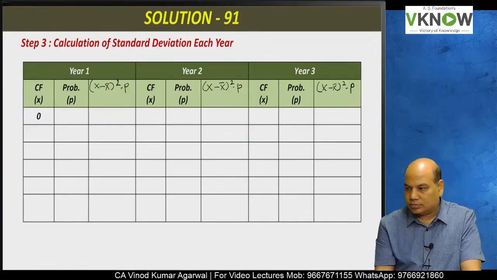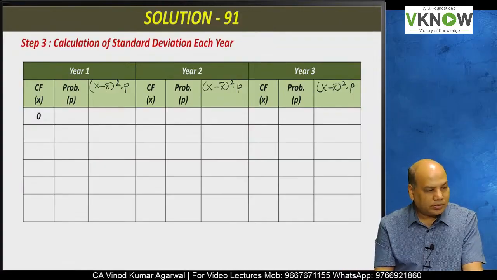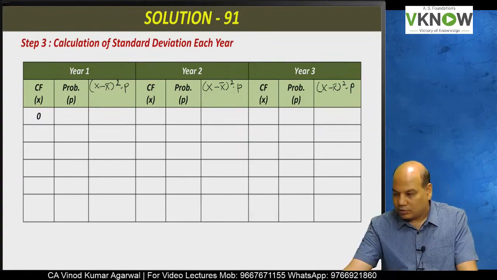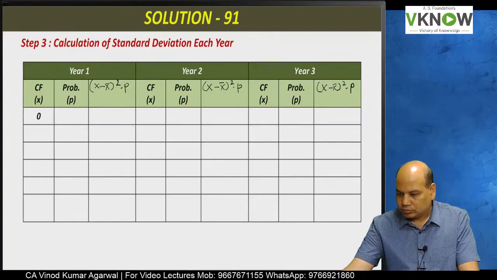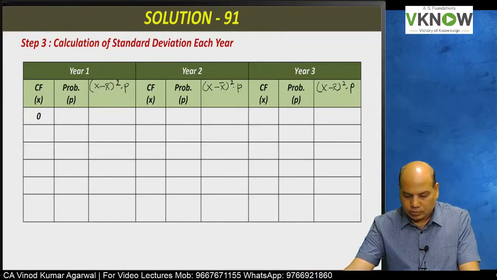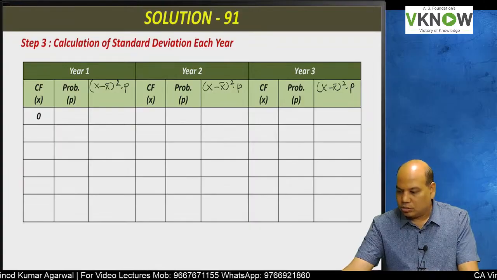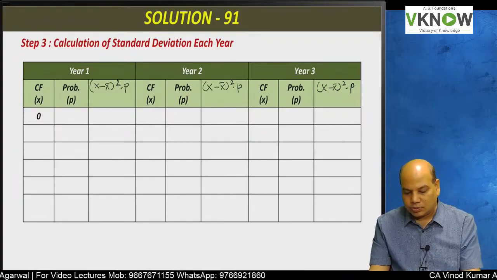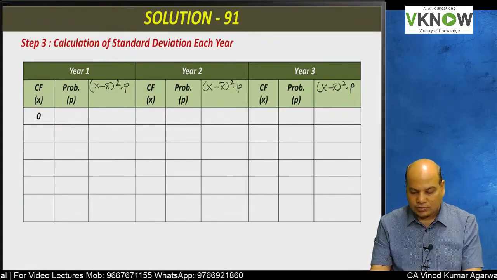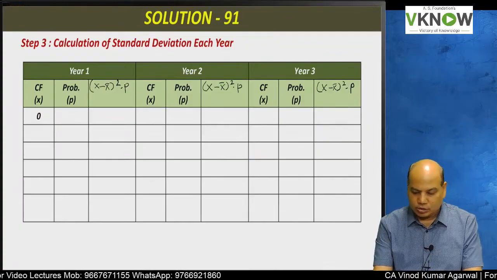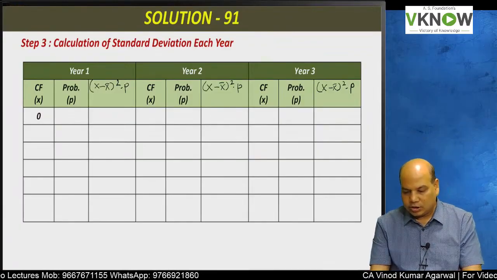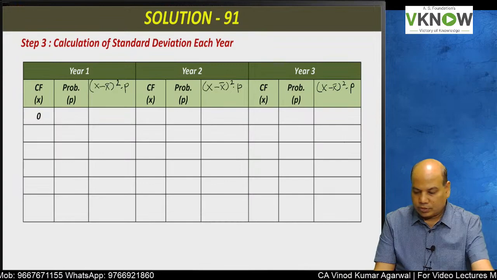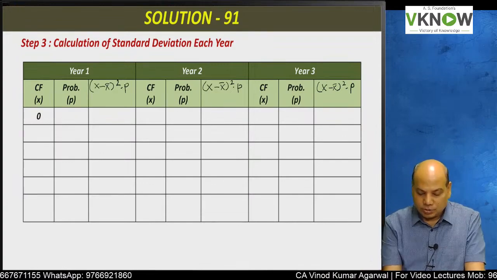Year 1, 3 columns: cash flow, probability, (x minus x bar) square into probability. Year 2, 3 columns, the same. Year 3, 3 columns, the same.